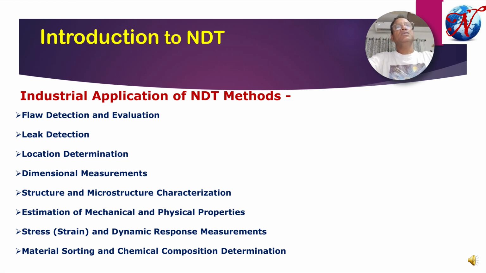It can estimate the mechanical and physical properties of your inspection part. In some cases, the stress or strain relationship of your inspection component or material, that means the dynamic response due to strain or stress, can also be identified by non-destructive testing methods, particularly vibration analysis or acoustic emission testing.